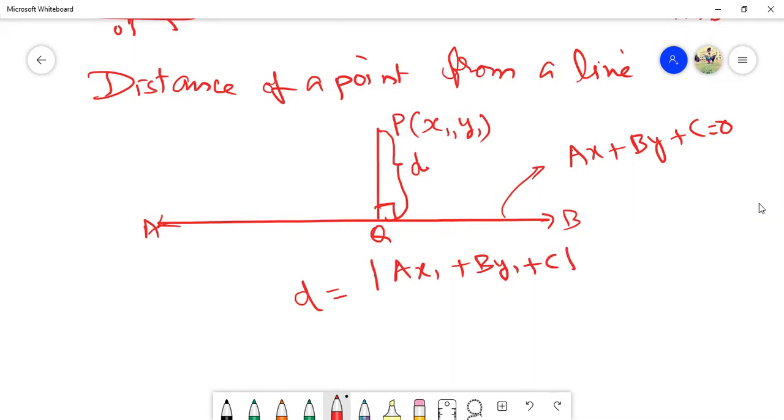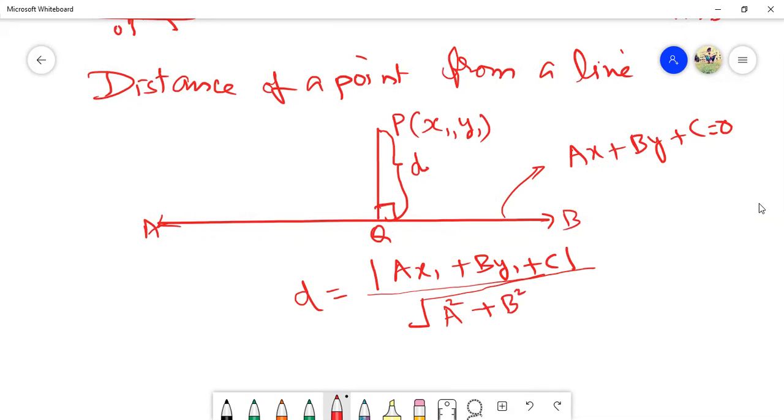That means you are substituting this point in the given equation, divided by the square root of the coefficient of x squared, a square plus b square.